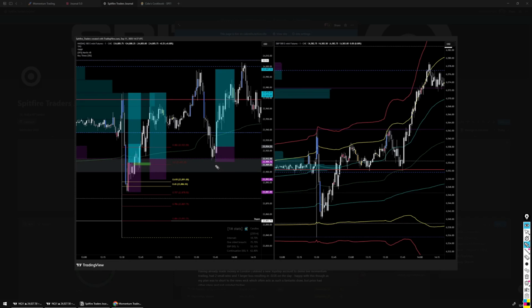Now, that low was midnight and developing day TPOC. At the same time, we had ES hitting VWAP again, which was based on an 88% probability that it was going to hit VWAP.